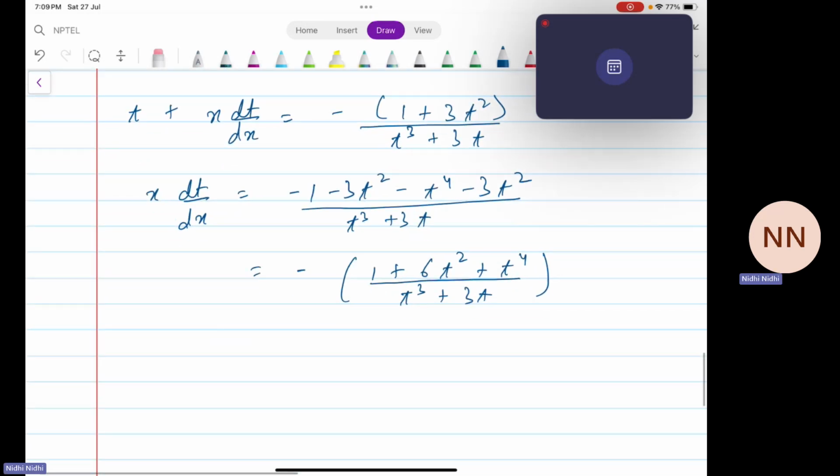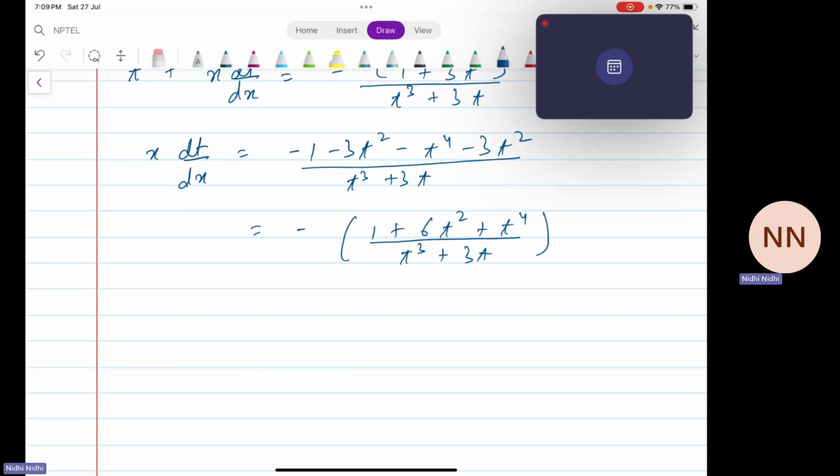Now this is something of the type separation of variables. Taking all the terms involving variable t on one side and the terms involving variable x on the other side, we can easily integrate it and hence find the solution. So we get (t cube plus 3t) upon (t power 4 plus 6t square plus 1) dt is equal to minus dx by x.